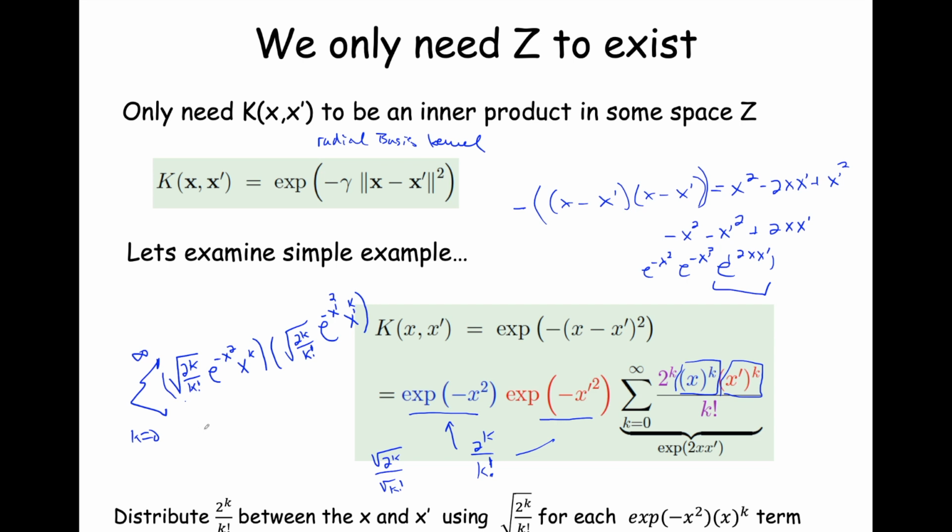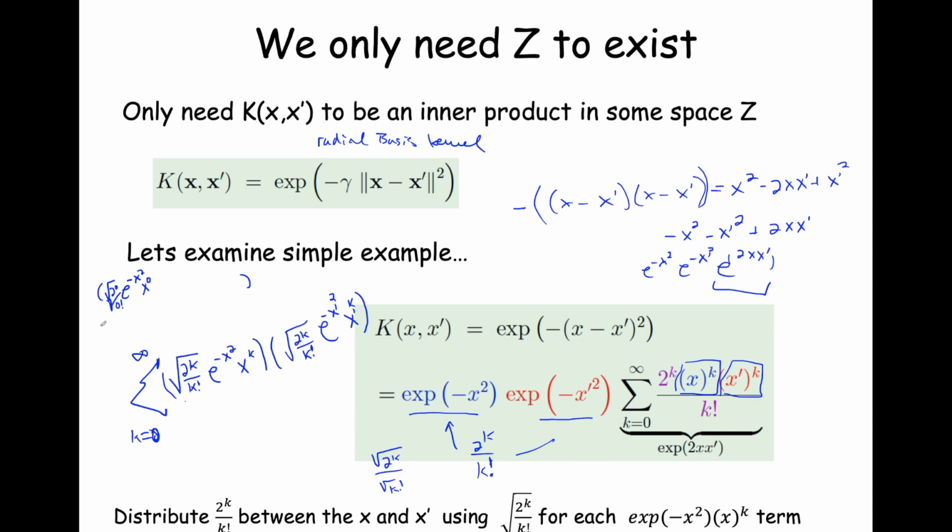And so this looks like an inner product, because it is an inner product. It's an inner product given vectors where k equals 0 is one feature in that vector, k equals 1 is another term, k equals 2 is another term. So that's like taking the inner product between two vectors, one that has radical 2 to the 0 over 0 factorial, e to the minus x squared, x to the 0.